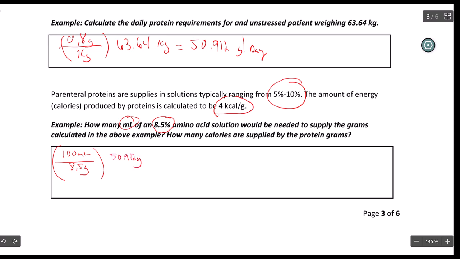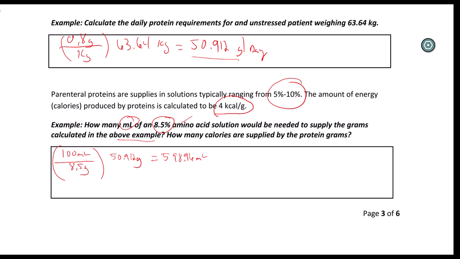Why? Because it says in the question above, this is where we calculated the above. So if I multiply that out, I'm going to get about 598.96 mLs that I would need of that 8.5% amino acid solution to give me 50.912 grams of protein.